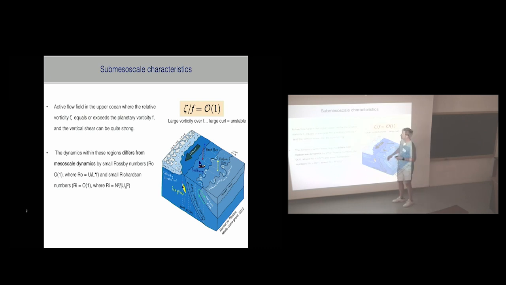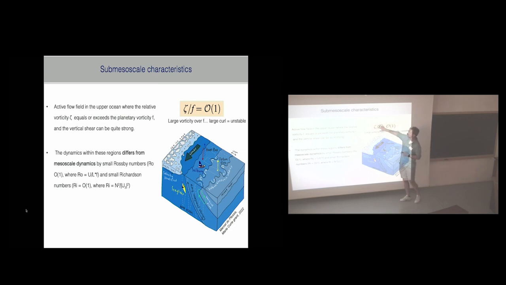Okay, so these flows have very large vorticity. They have a large, strong curl and strong shear. And when you scale that by f, they are roughly on the order of 1. They scale approximately the same. And that means that f is starting to have less and less control on the balance of this flow. So the flow is becoming closer to unbalanced.